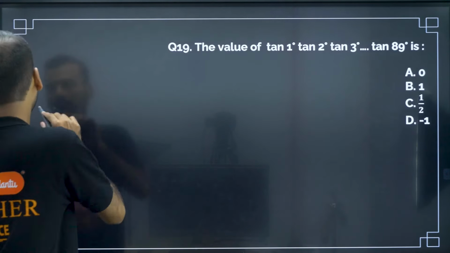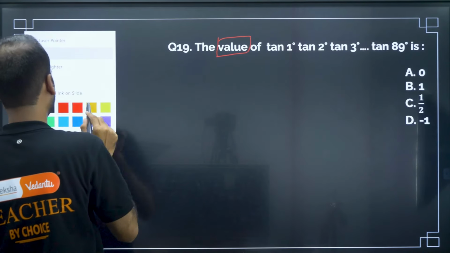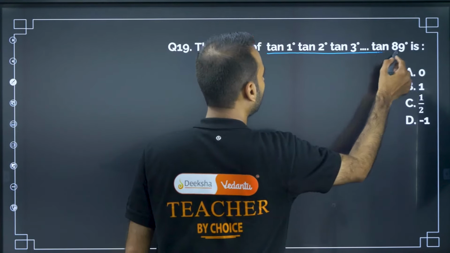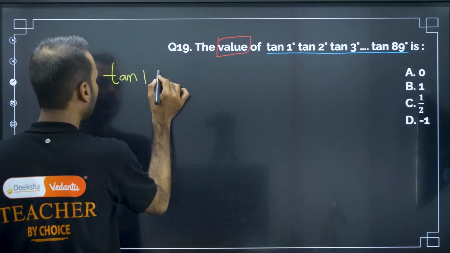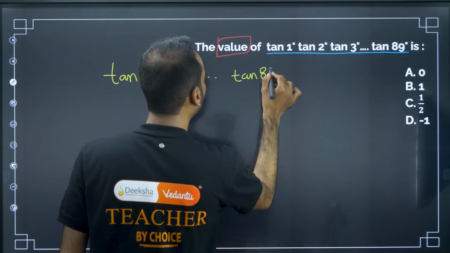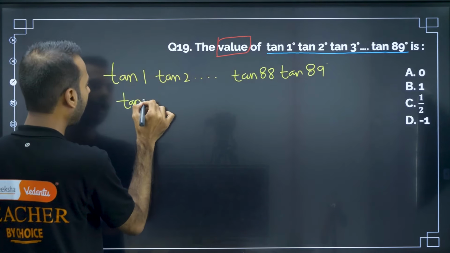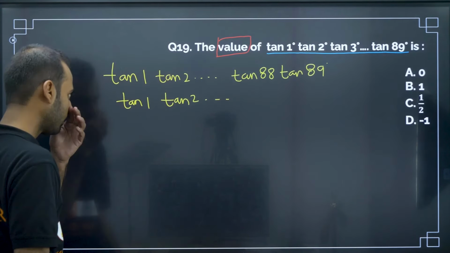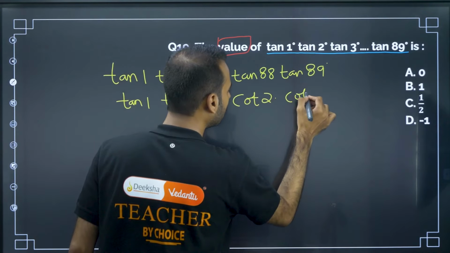Moving on to the next question. The value of, what are they asking? They are asking to find the value of some expression they have given. The value of tan 1 this. Now see here, let me write that tan 1, tan 2, so on, tan 88, tan 89. So for this let me write the same tan 1, tan 2, and for this let me write cot 2, cot 1.